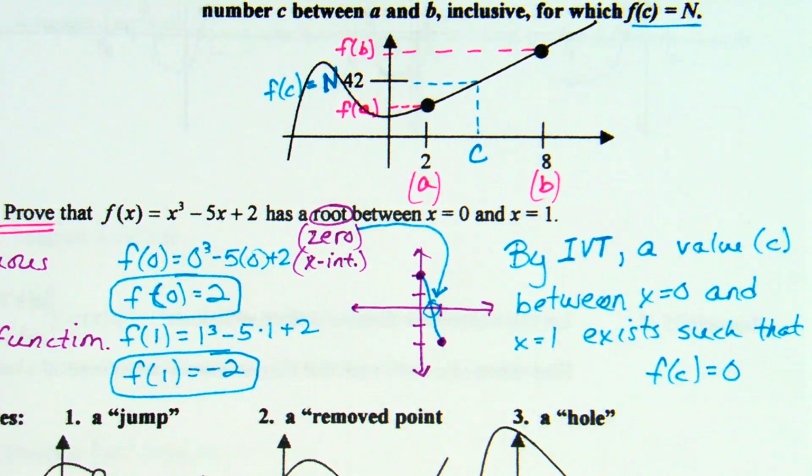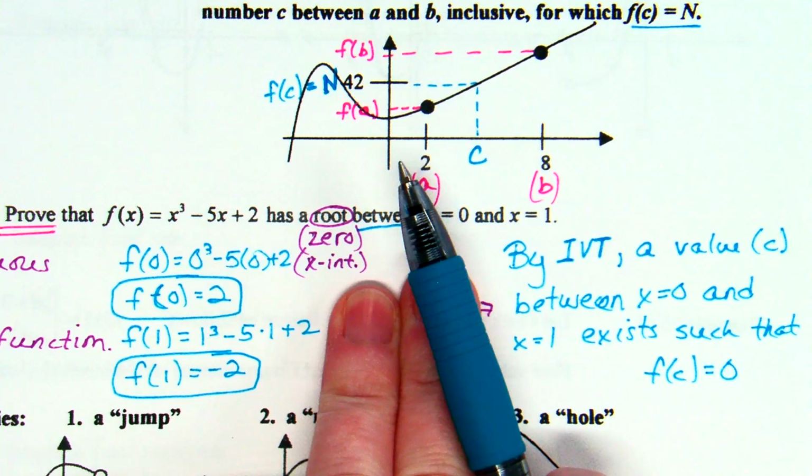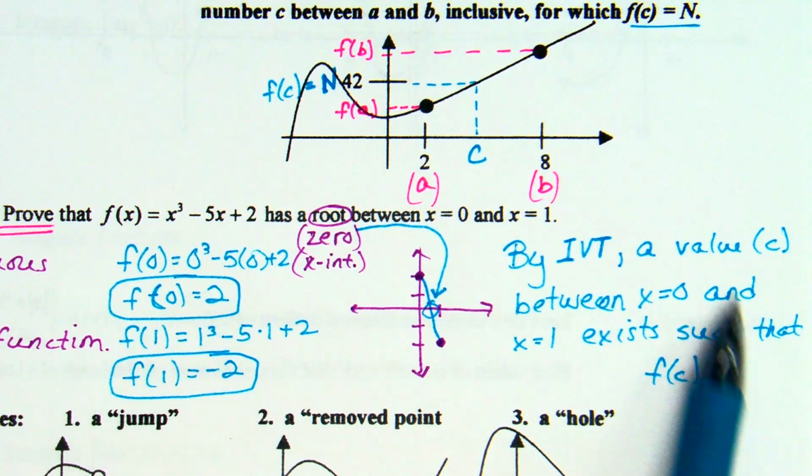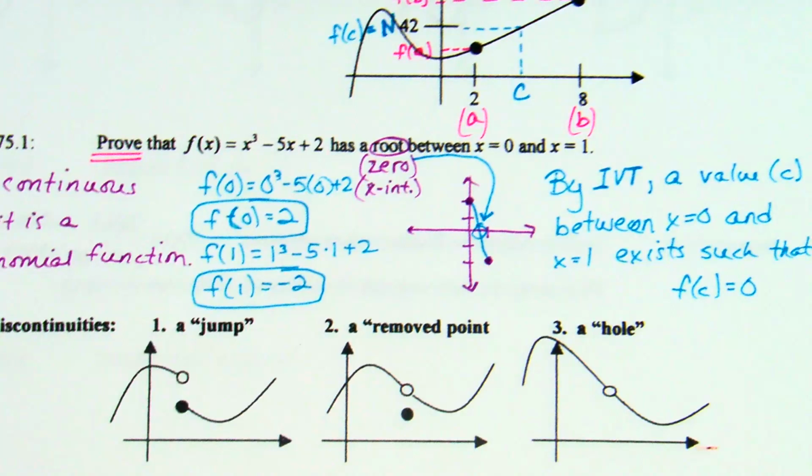It also could be a multiple choice type thing, but it's hard to do something like this multiple choice. The picture would not be necessary, but stating that it's continuous, showing these 2 values of a positive 2 and a negative 2, and then putting it all together and summarizing would be an appropriate answer. I'll be honest, it's a struggle of mine to get that all in there together. But those are the things that would earn you full points.